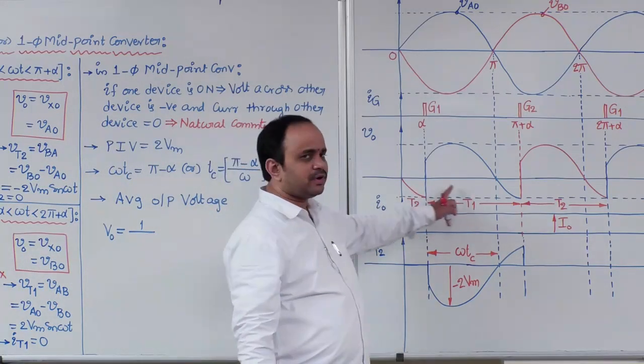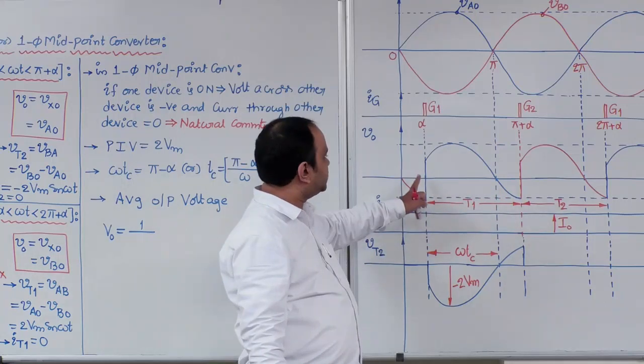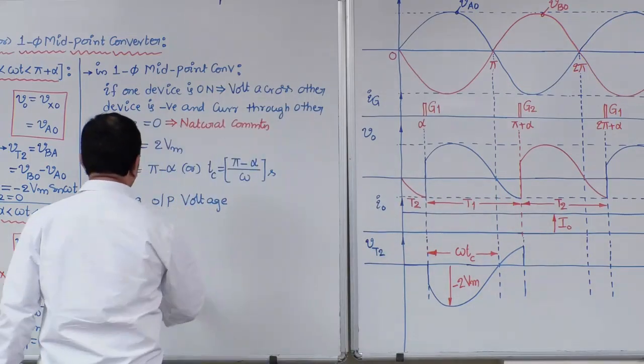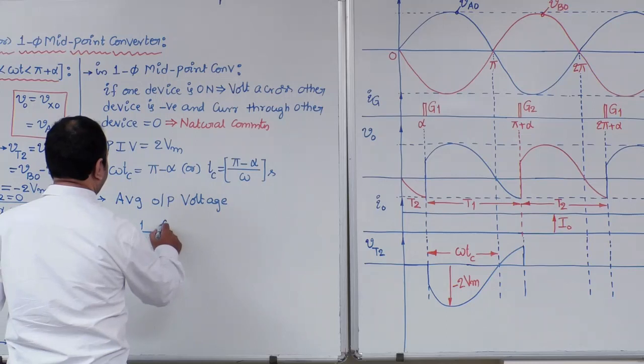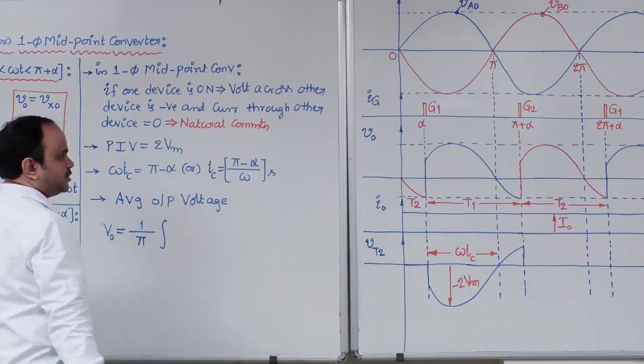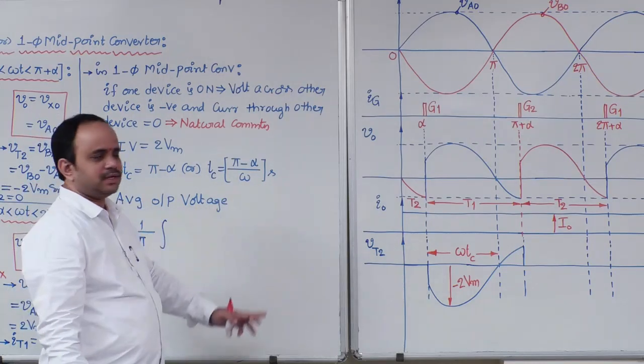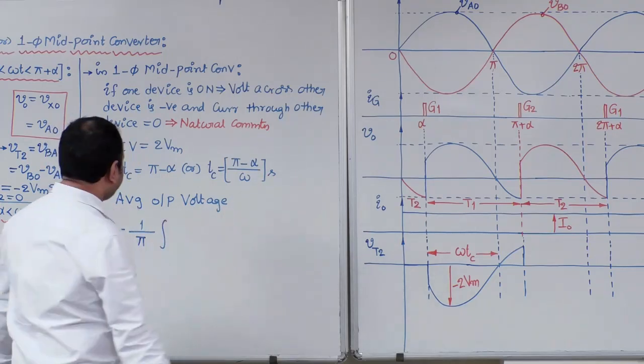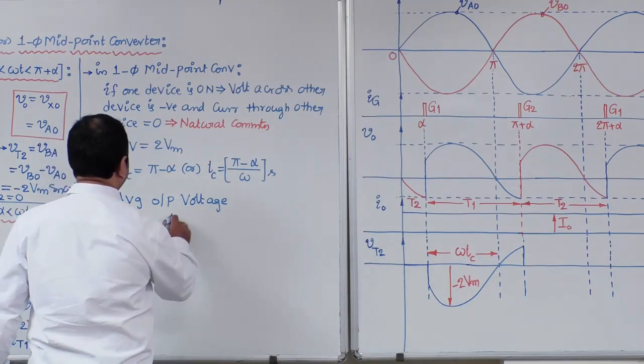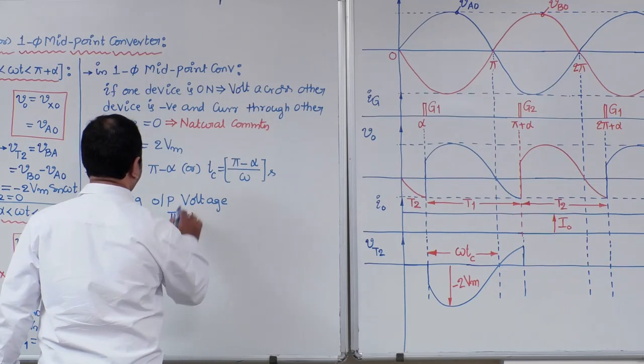For this waveform, what is the periodicity? That is pi. Therefore, 1 by pi integration. Now see the blue color sinusoidal, what are the limits for that? Alpha to pi plus alpha.